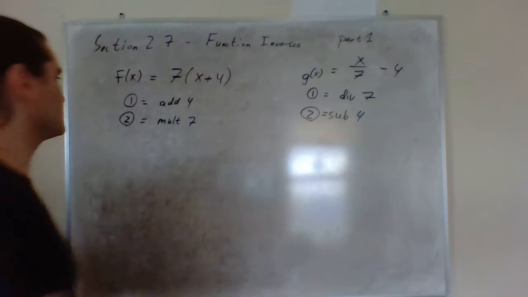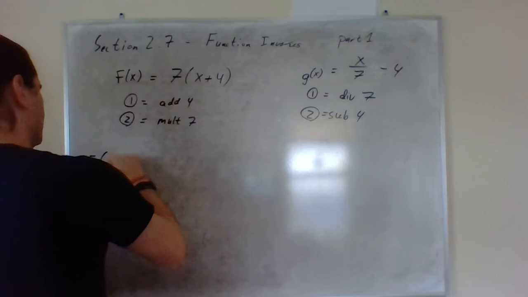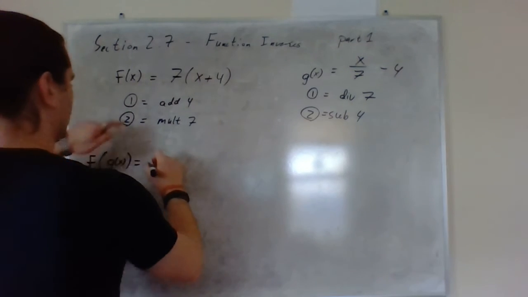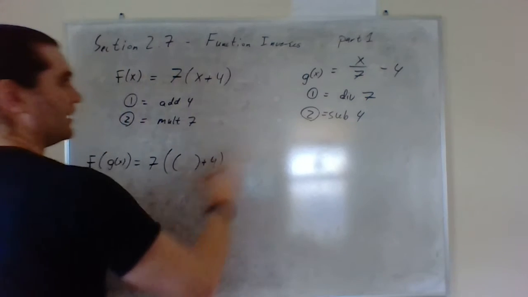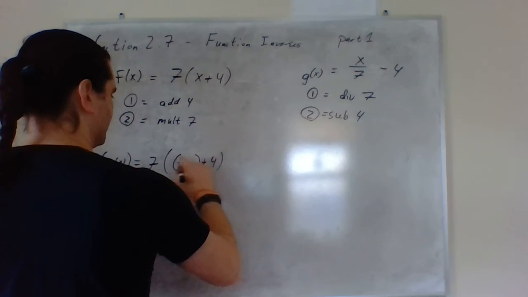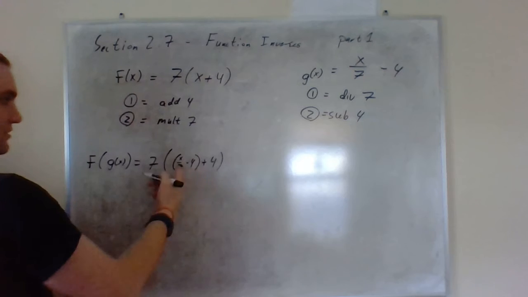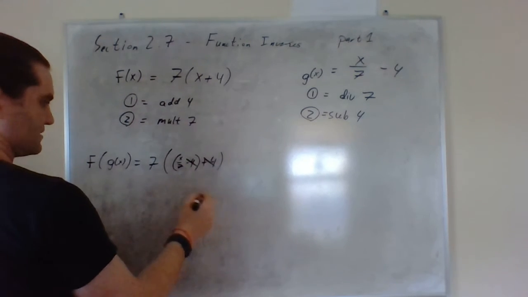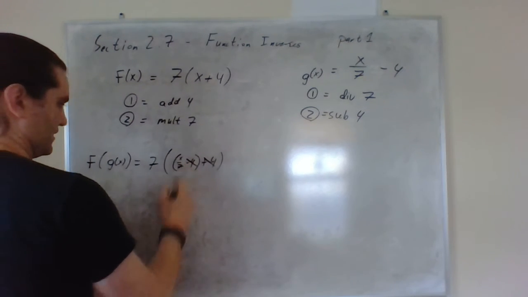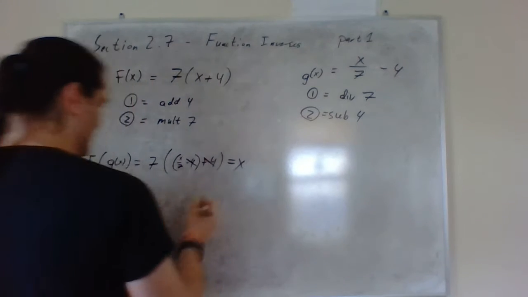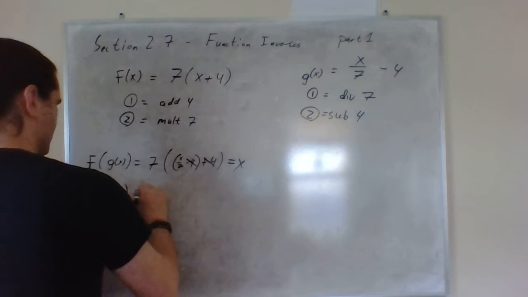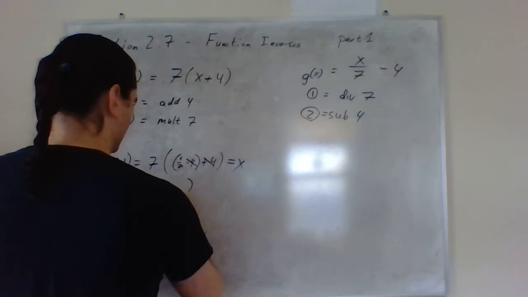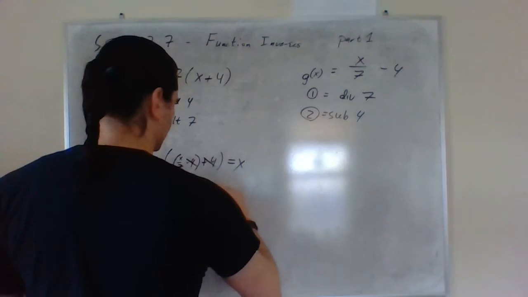And then we can check this. F of g of x should be 7 times something plus 4. And into here I'll put x over 7 minus 4. So we can see right away that these 4's will cancel, and then 7x over 7 is x. So yeah, works that way. G of f of x should be something over 7 minus 4.